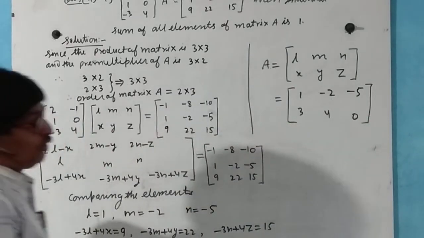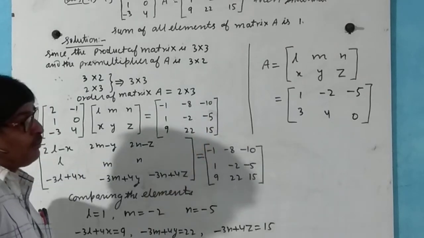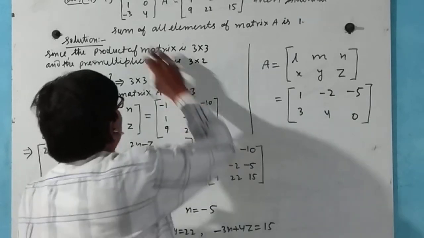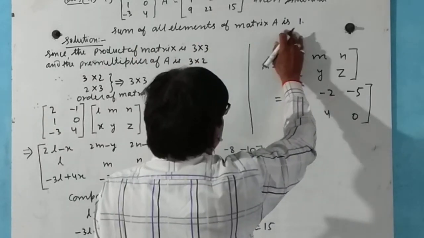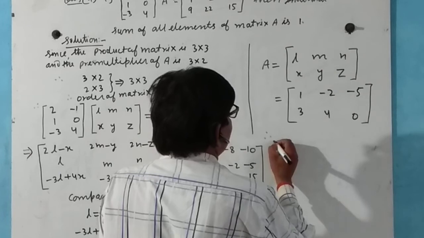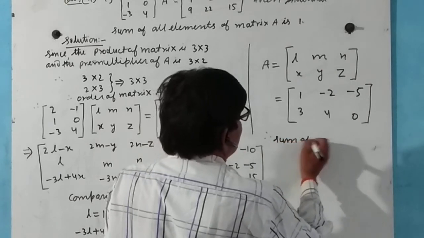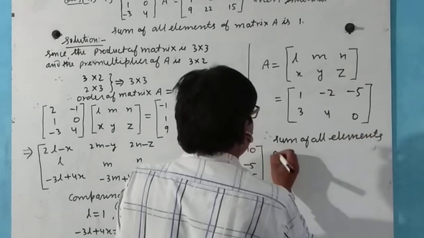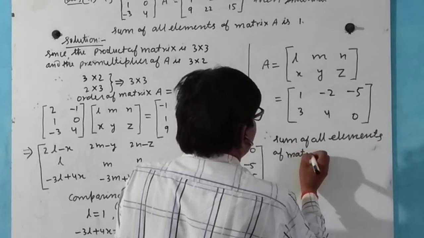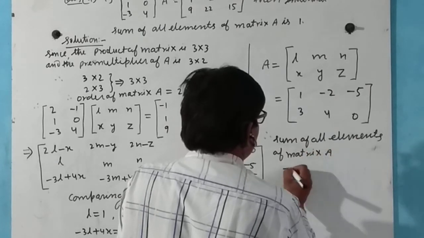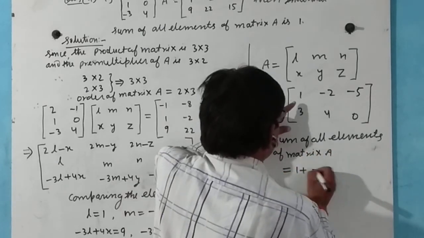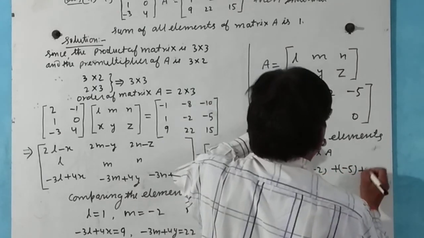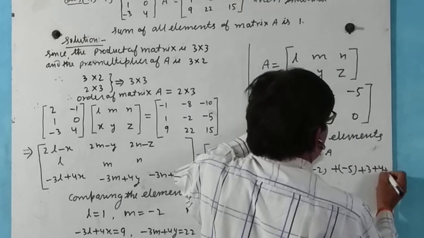Putting the values of L, M, N, X, Y, Z, the sum of all elements of matrix A is equal to 1 plus minus 2 plus minus 5 plus 3 plus 4 plus 0.